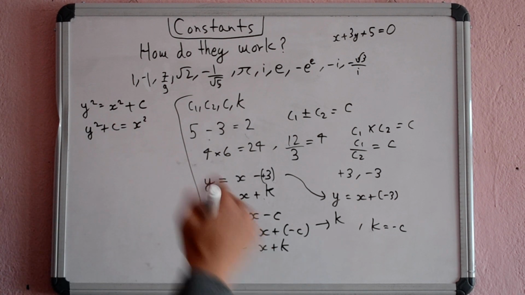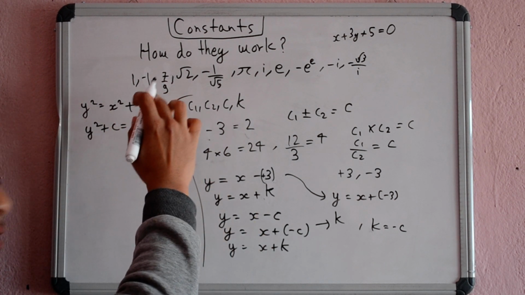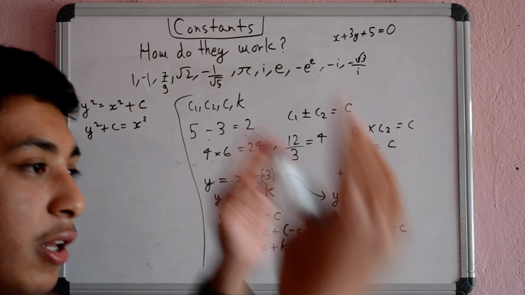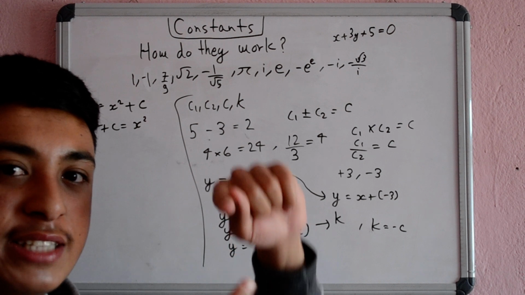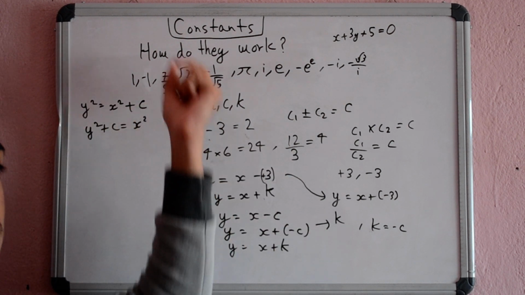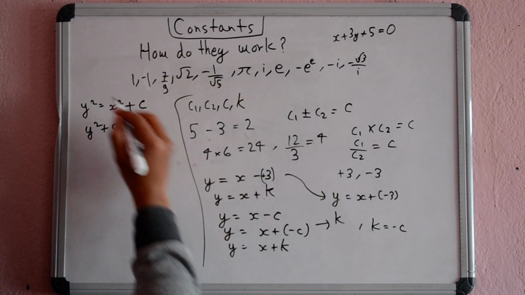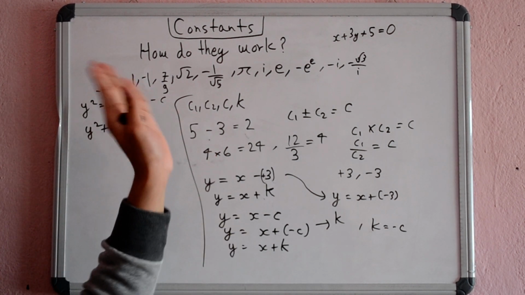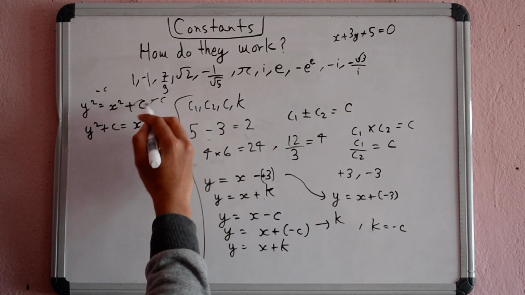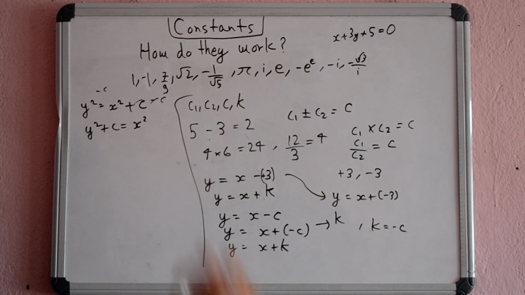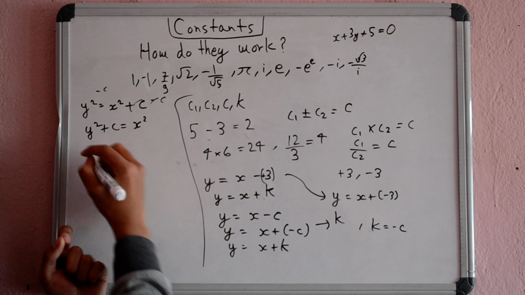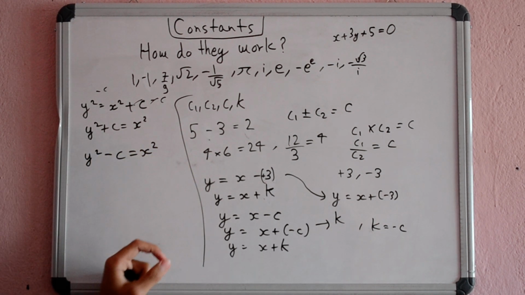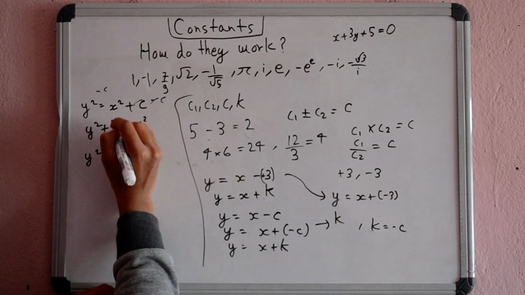But when you take a variable or constant to the left hand side, its sign changes, because what you're actually doing is subtracting that term from the left hand side and the right hand side, right? So these two cancel, giving y square minus c equals x square. So your question might be, well, shouldn't it be y square minus c equals x square? Now for your understanding, I'll write plus k.